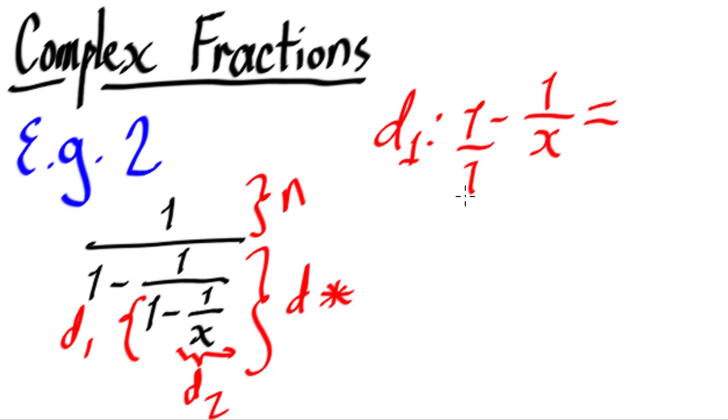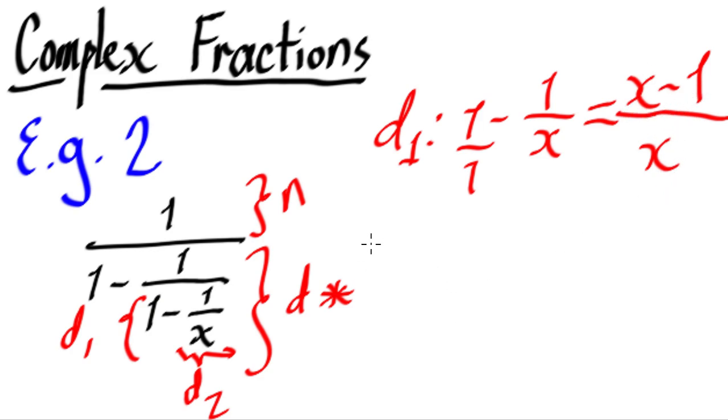So x divided by 1 is still x, and x times 1 gives us x. So we have x times 1 minus 1, all over x. So this is our d sub 1 now: x minus 1 over x.